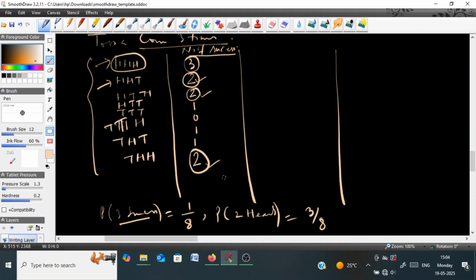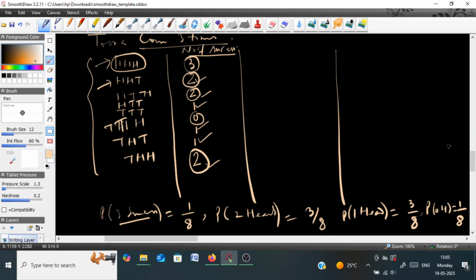Although they are not in specific order, the order can be anything. Probability of getting 1 head is again 3 by 8. This one, and this one. And probability of getting 0 heads is again 1 by 8.